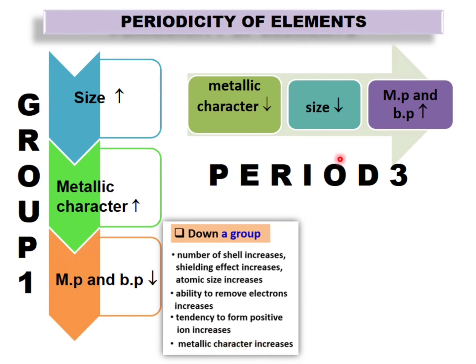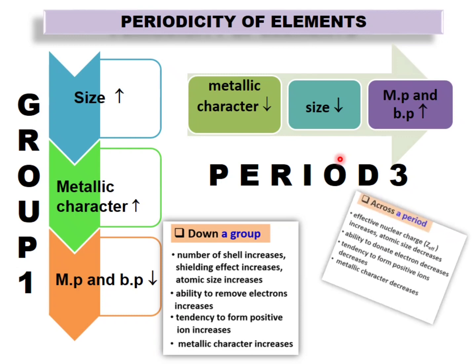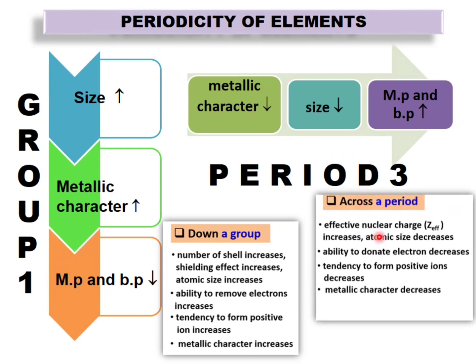So kita tahu size besar, kekuatan nukleus akan lemah. So lagi senang awak nak buang elektron, lagi senang nak form positive ion. Itu menyebabkan metallic character will increase. But if across a period, we know that effective nuclear charge increase, the kekuatan nukleus akan stronger. So atomic size decrease, size semakin kecil kelas.